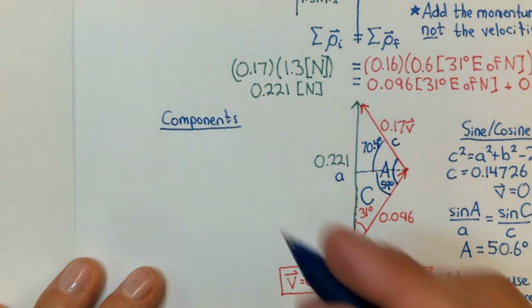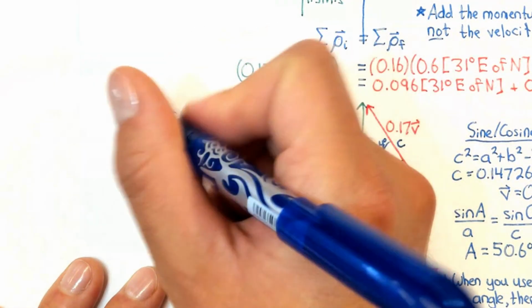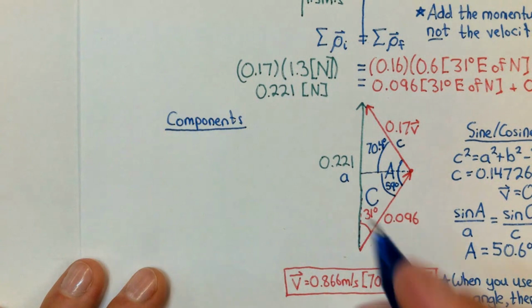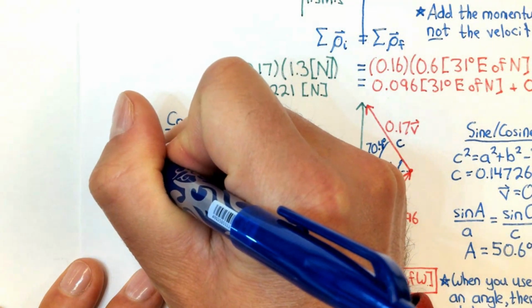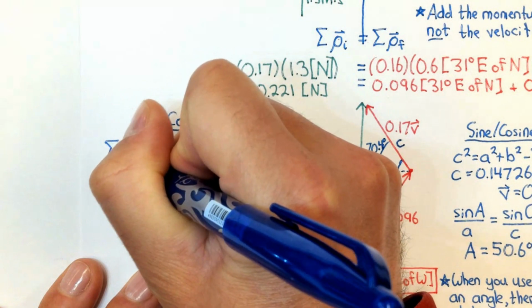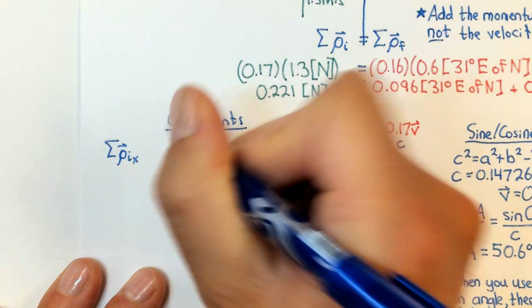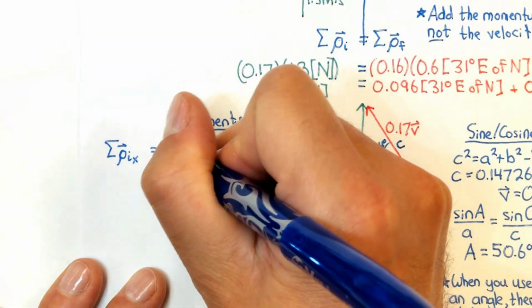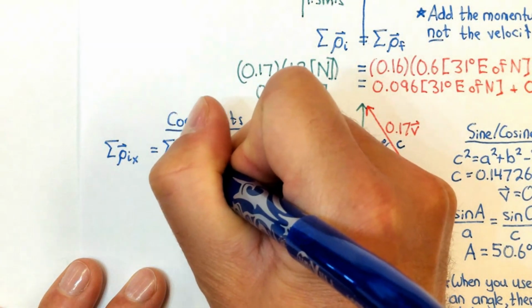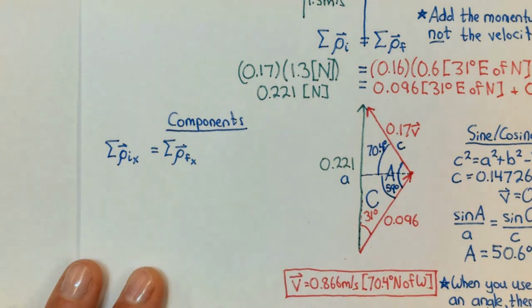So, if I look in just the x direction first, I can say the total momentum initial in the x direction has to equal the total momentum final in the x direction.